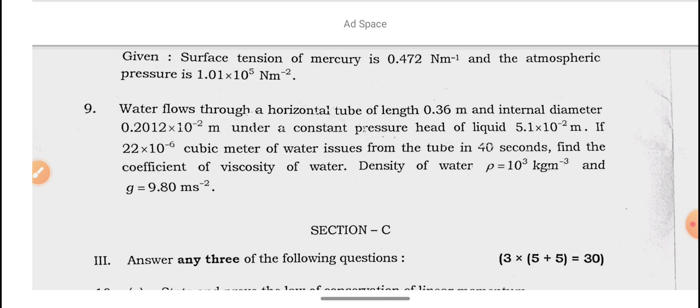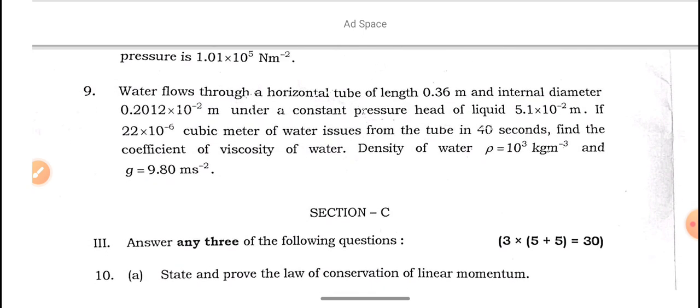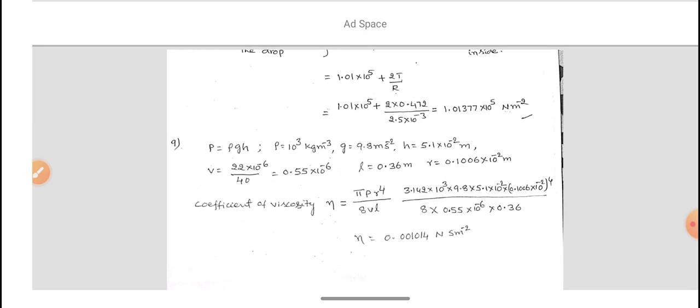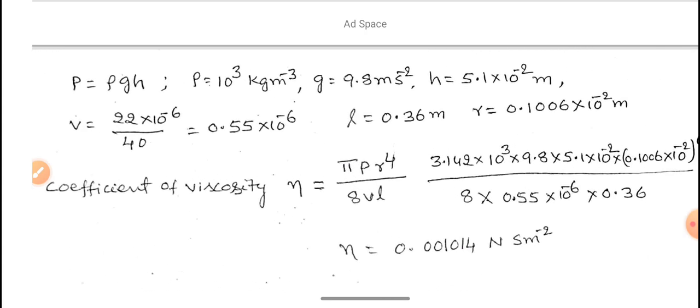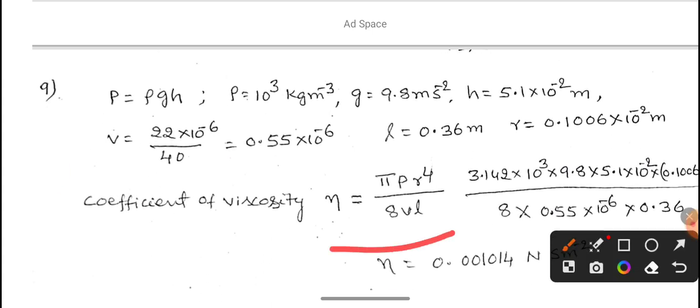From this we can find the coefficient of viscosity. The coefficient of viscosity is given by the formula pi P r to the power of 4 divided by 8 V L. Here the pressure is equal to rho into g into h.